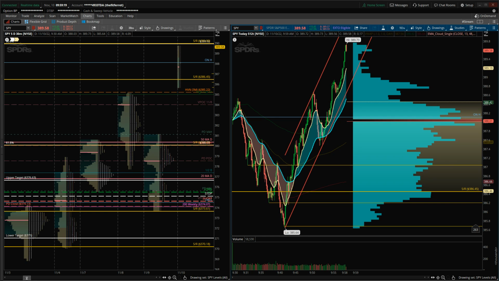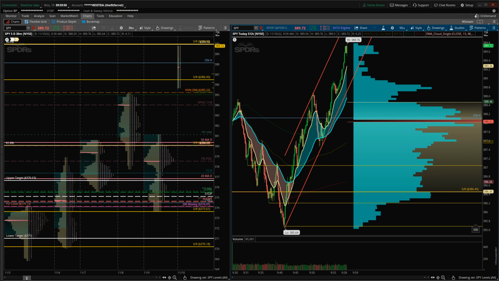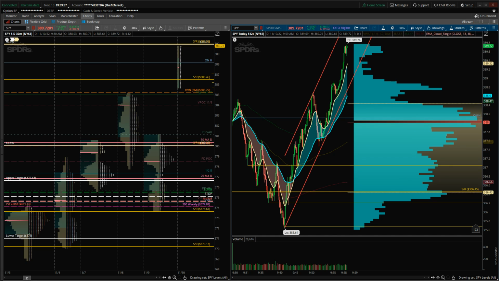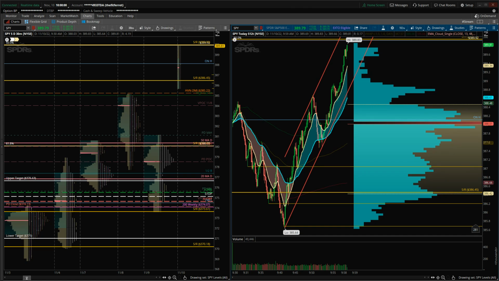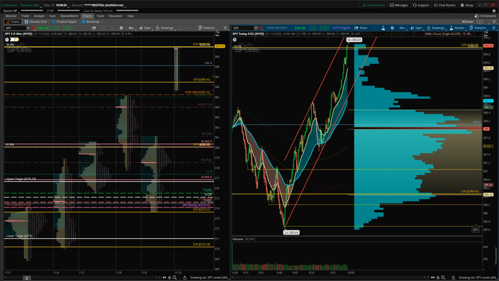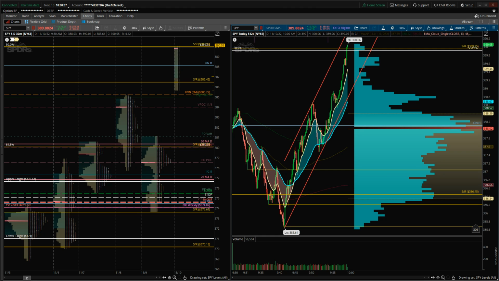That's our 50% retracement level. There's our 50% retracement level.